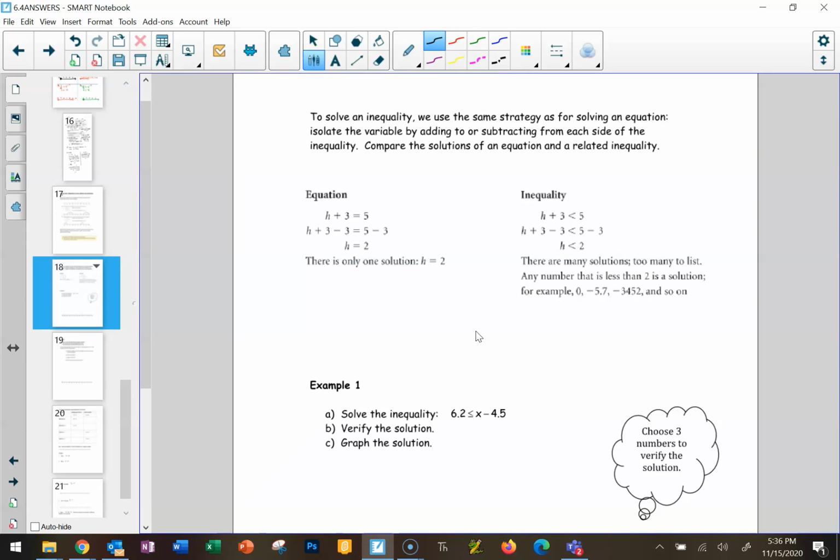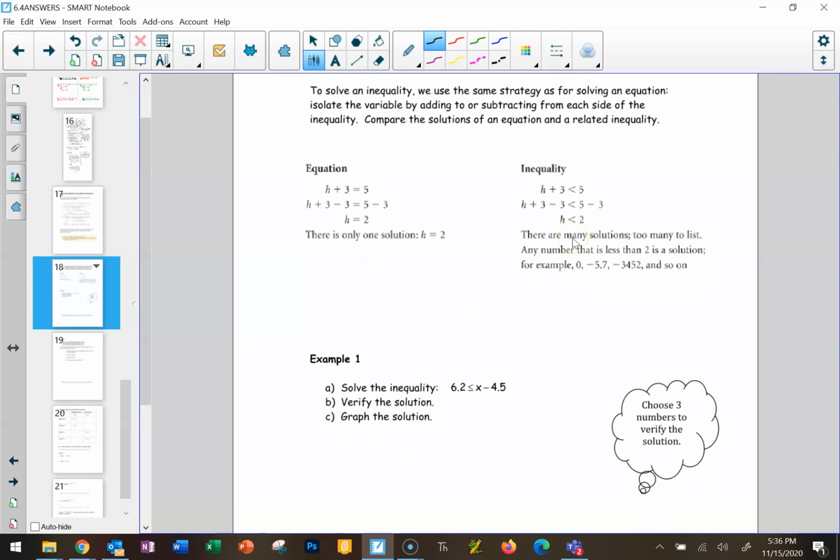Instead of using an equation, though, we're going to be using an inequality, and we're usually going to be graphing that inequality. Because remember, one of the focal points from 6.1 to 6.3 is that when we work with equations, we have only one solution, and that's really the key there. If we're solving for h up here, h has to equal 2. If h doesn't equal 2, then the whole thing is sort of wrong and false. Whereas in an inequality, we're coming up with many, in fact, usually infinite numbers of answers. So we're still solving in a similar manner.